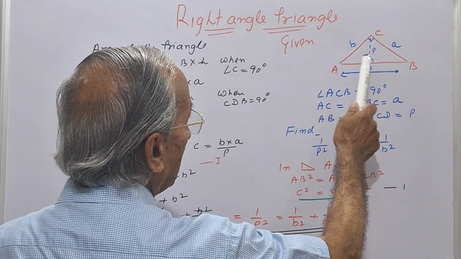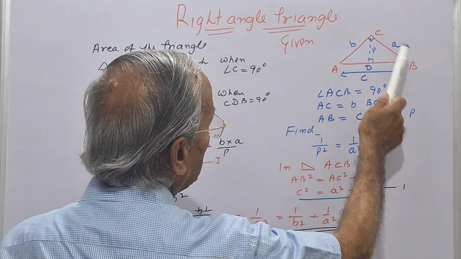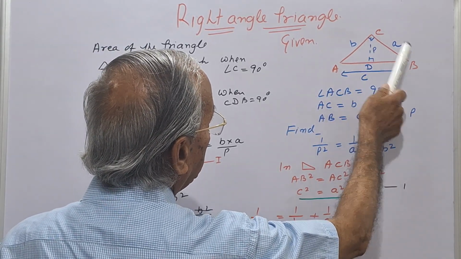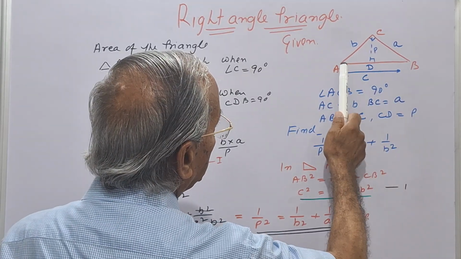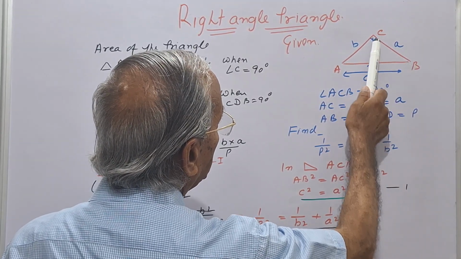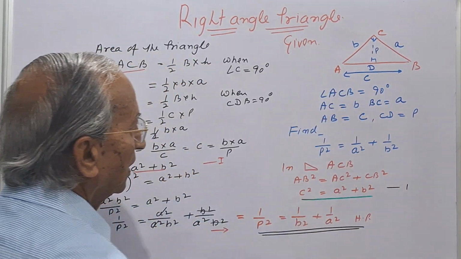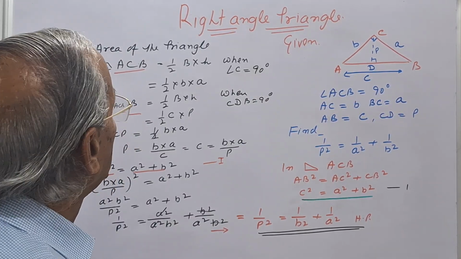Here we say the area of the triangle ACB taking A and B and the area of the triangle ACB taking P and AB will be equal.